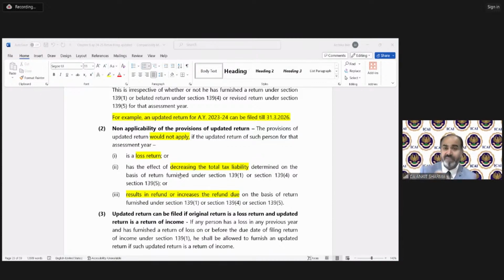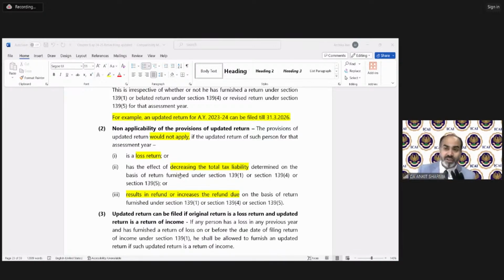So if after filing an updated return you want to reduce your tax liability or increase your refund, that is not allowed. In an updated return, an increase in taxes or a reduction of refund is possible, but there cannot be a decrease in tax liability, and refund cannot be increased.